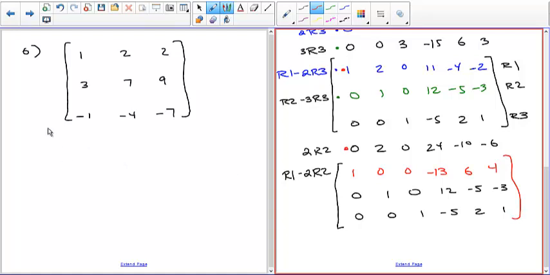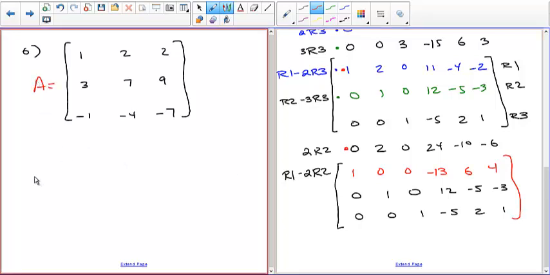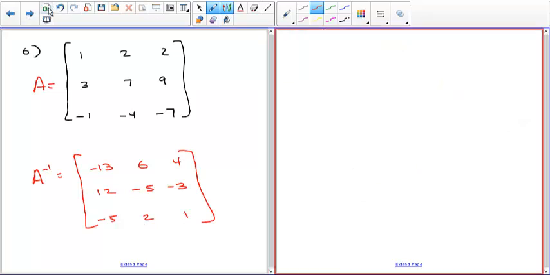So what it says is if this is, say, matrix A, then the inverse of matrix A is going to be negative 13, 6, 4, 12, negative 5, negative 3, negative 5, 2, 1. And we'll see if that works or not.